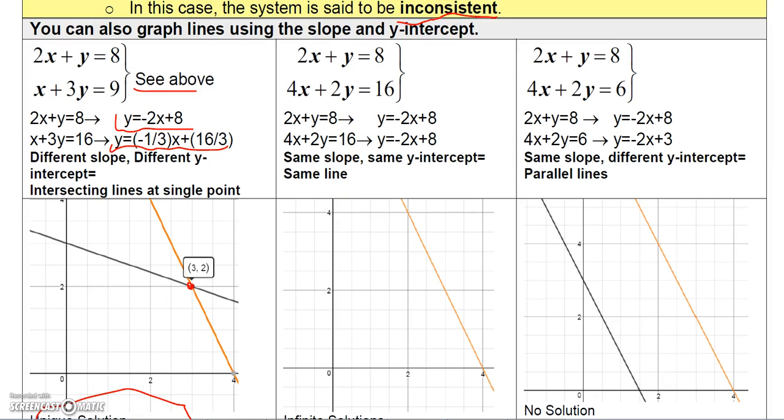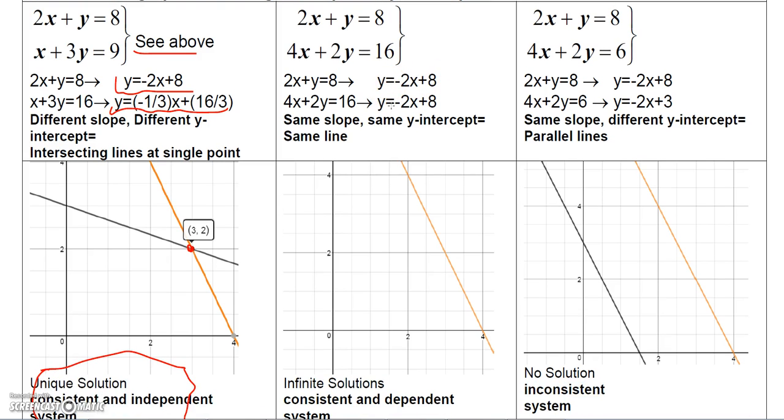Now, this system, if you solve the first equation for y, by the way, you could graph these using the x and y intercepts too, but I'm just going to show you the other method here. So if you solve this for y, 2x plus y equals 8 is y equals minus 2x plus 8. And so the y-intercept would be way up here at (0, 8).